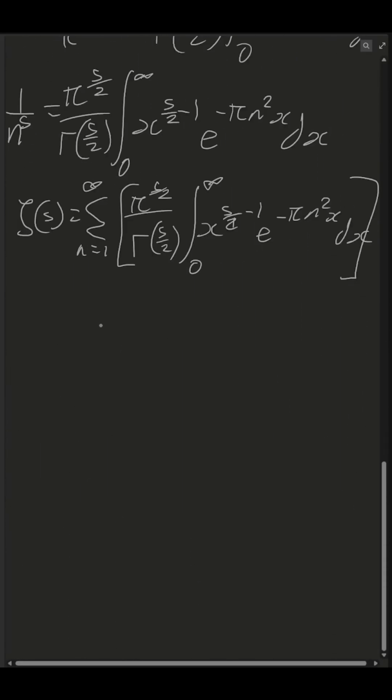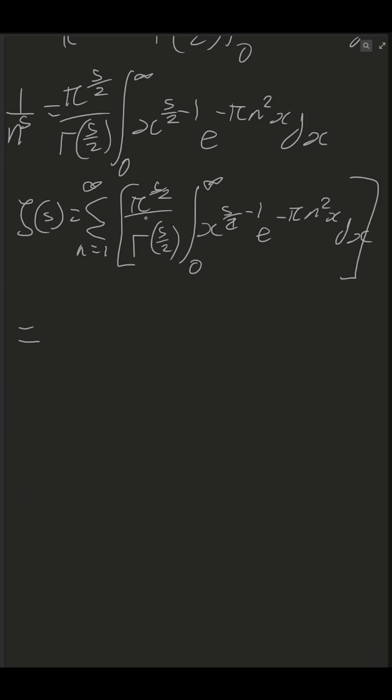defined via the gamma function, and we can actually swap around. If you don't believe me on this, maybe I can do a separate video explaining why this is possible. But because technically these are both sums, you can just swap them around and it works.